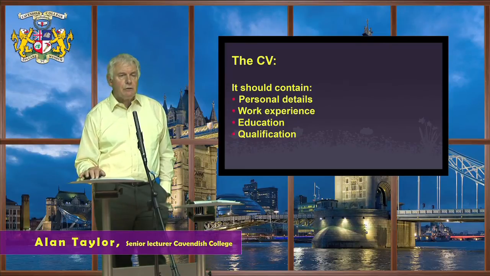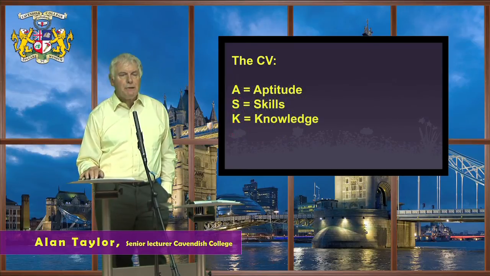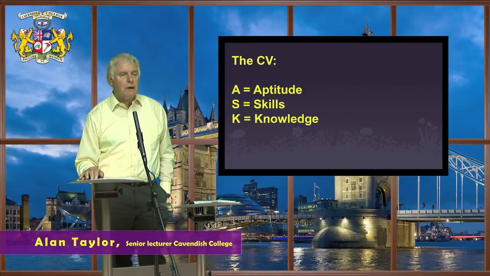What companies tend to look for in a simplistic way are called ASKs, A-S-K-S, okay? Your aptitudes, your skills, and your knowledge, A-S-K. Aptitude is to do with your capability, your ability to do something.